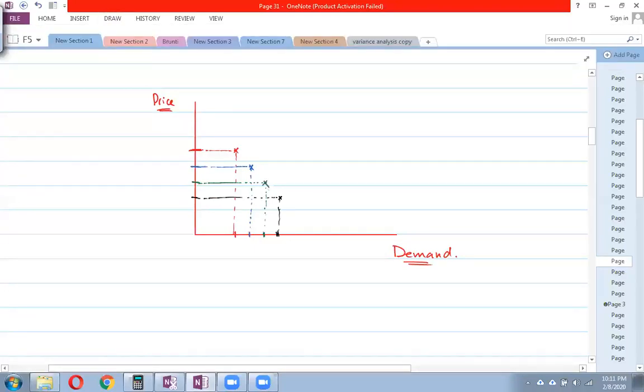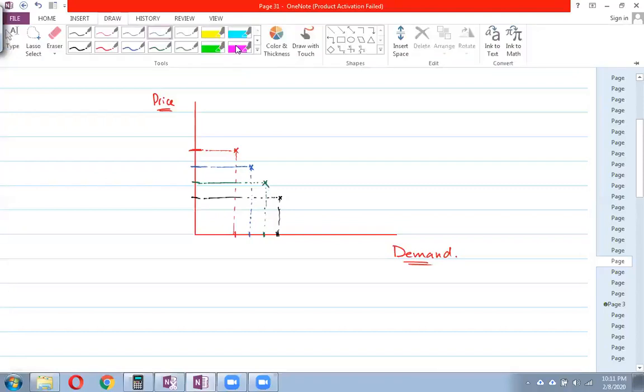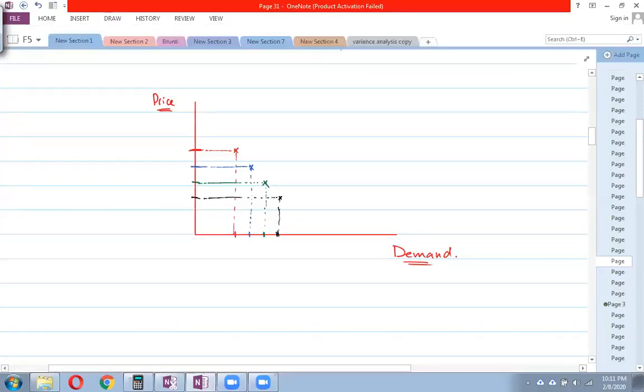Right? Now, can you see that you can actually match all these crosses and you can see a trend here, right?